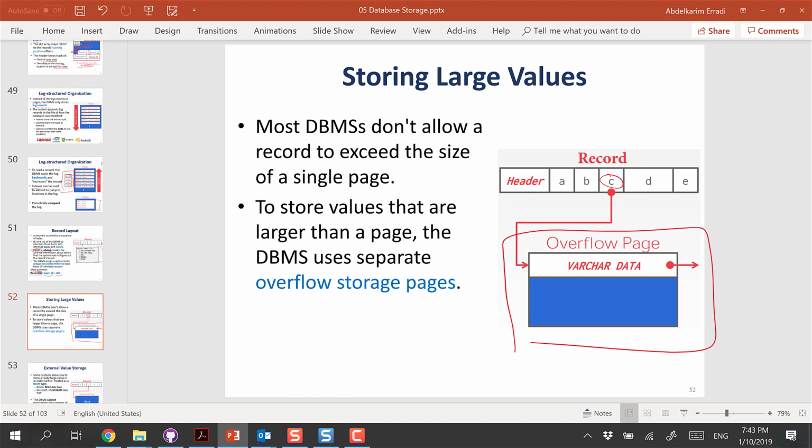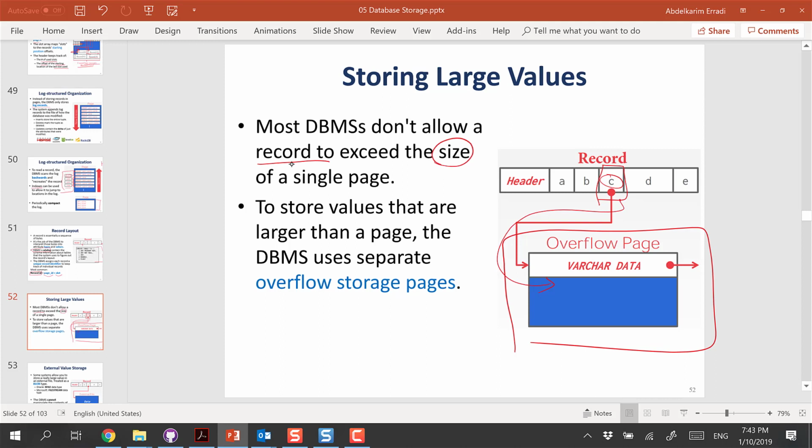So when somebody is looking up and getting the value of a particular column that is long, we might need to jump to other pages to retrieve the actual values of that particular column. And in the record, it will just have a pointer to the page. This is how the database deals with any records with a size that exceeds the size of the page.